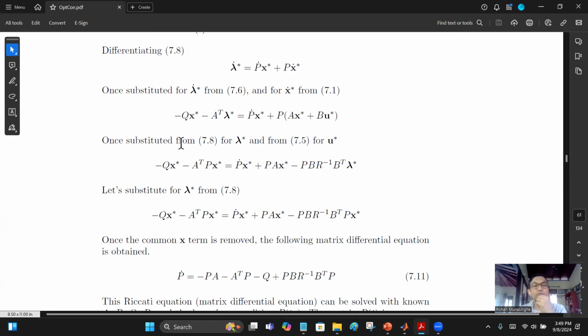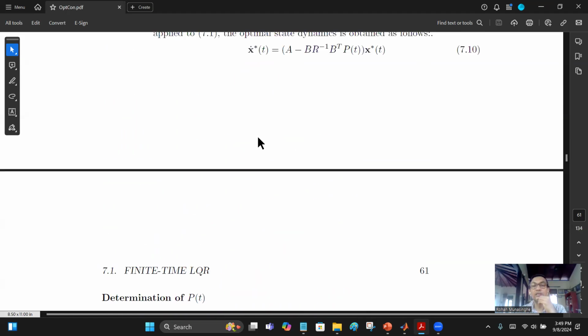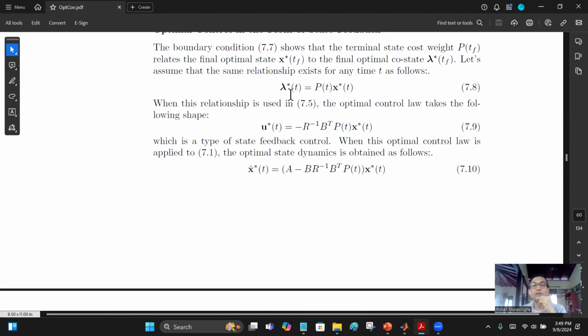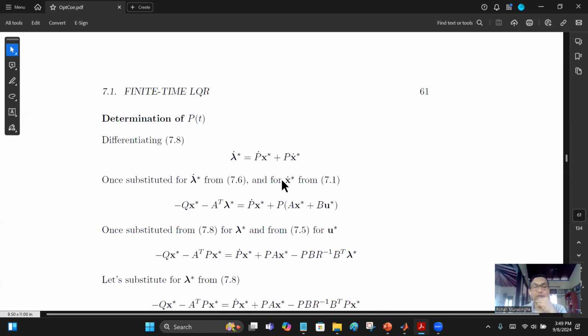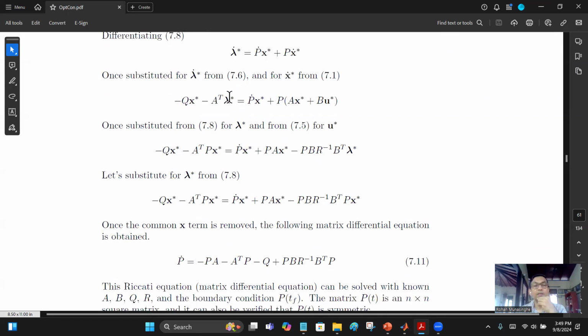Then you substitute from 7.8 for lambda star. Now what you do is you remove lambda star, right? When you do that, you can see lambda star in 7.8. Lambda star is P x. So you bring it over here, right?